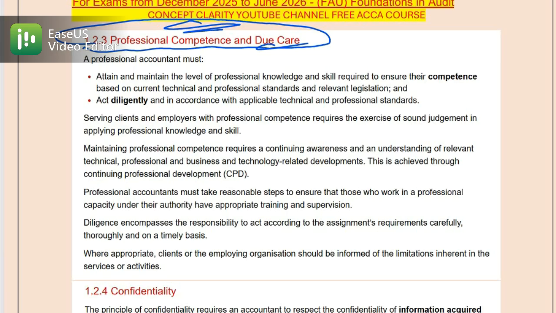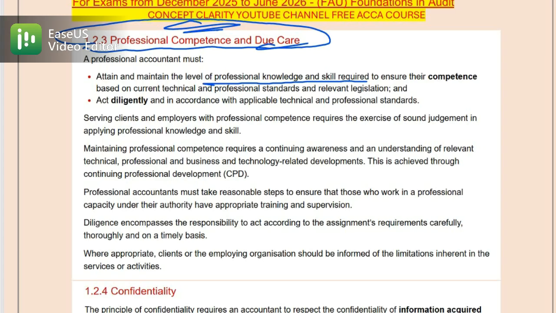Competence means that you must attain and maintain the level of professional knowledge and skill needed. Clear?